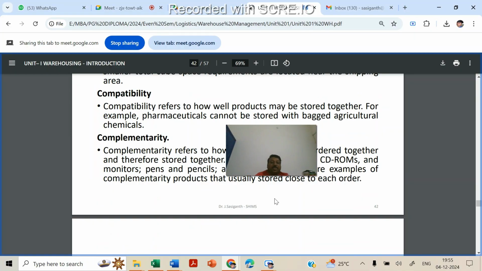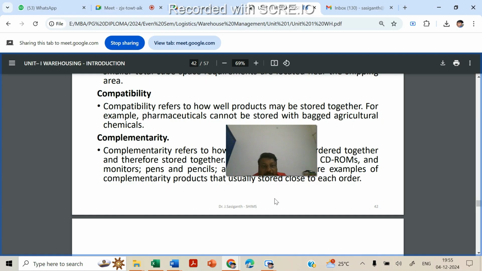Compatibility refers to how well products may be stored together. Fine, so I'm storing diesel, petrol, crude oil. Yes, definitely. Simply, you cannot be storing everything together. Pharmaceuticals cannot be stored with bagged agriculture chemicals because you cannot put everything together inside.